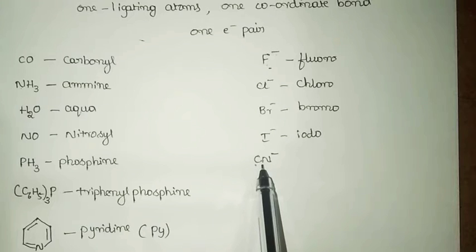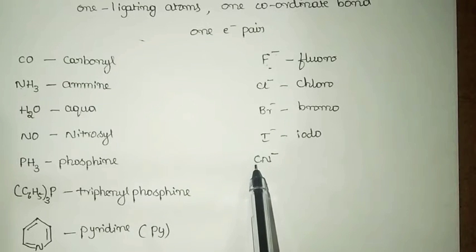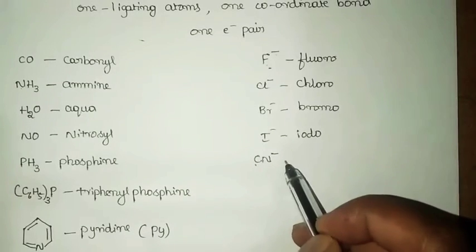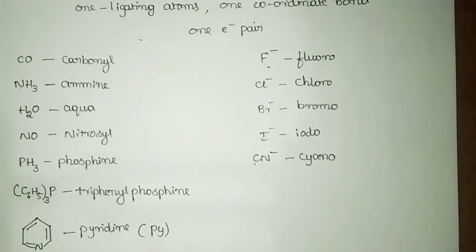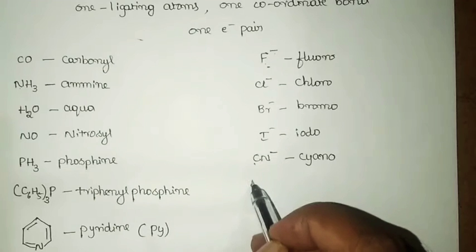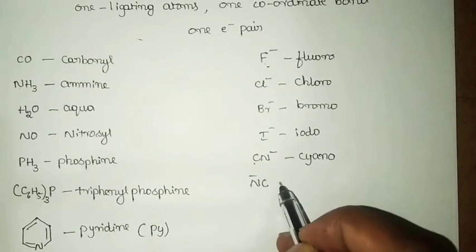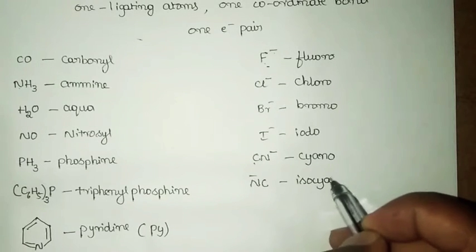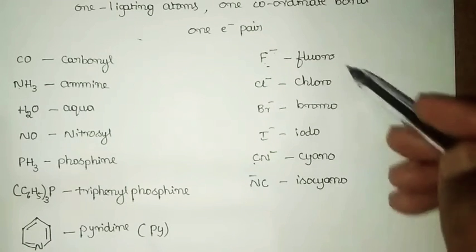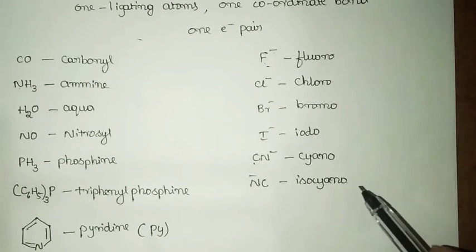When the ligating atom is carbon, it is called cyano. But when the ligating atom is nitrogen, it is called isocyano. As I told, the name should end with the letter O.